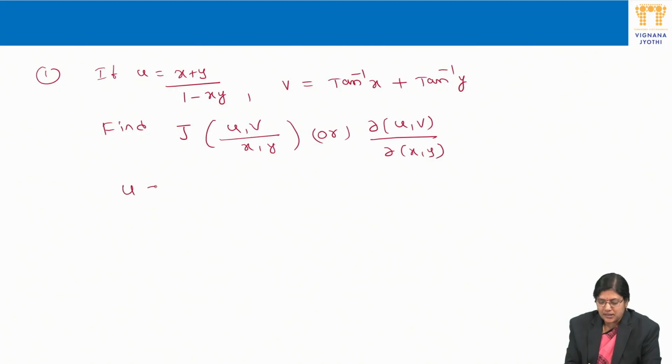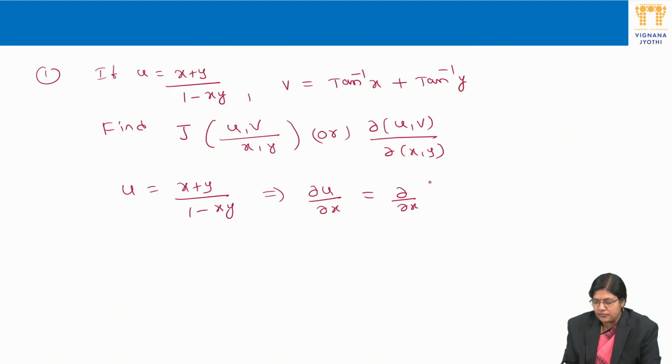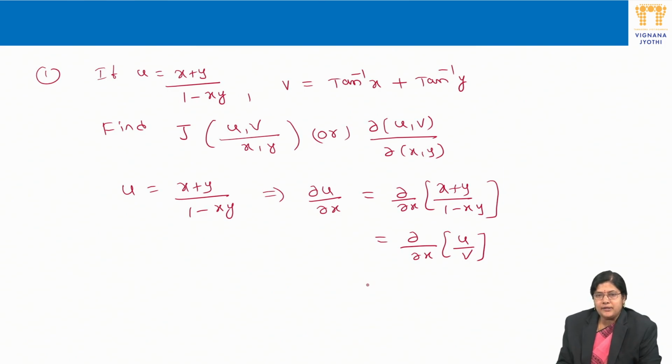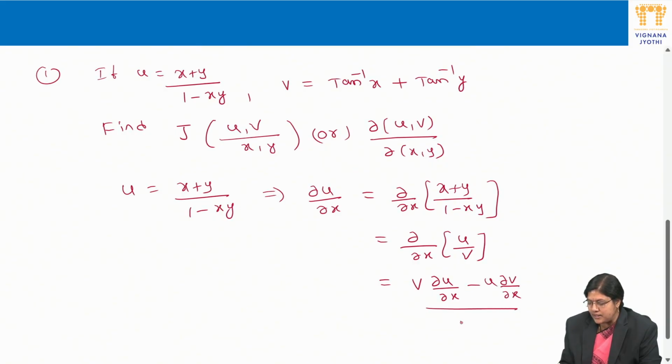Here given that u is equal to x plus y by 1 minus xy. From this we have dou u by dou x, which is dou by dou x of x plus y by 1 minus xy. This is of the form dou by dou x of u by v. Dou by dou x of u by v is equal to v into dou u by dou x minus u into dou v by dou x, by v square.